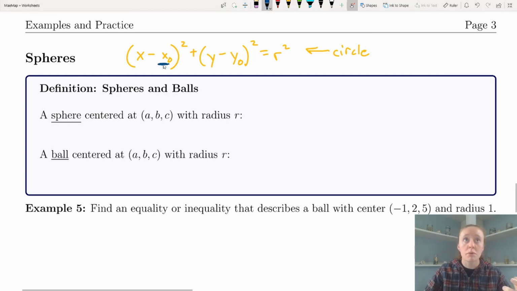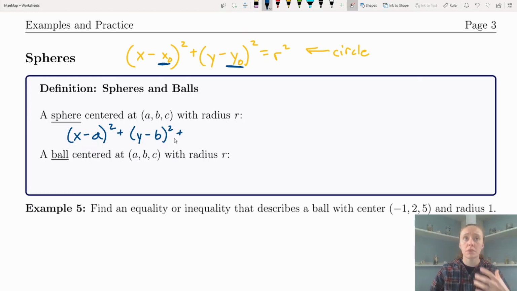So remember, we were centered at x naught, y naught when dealing with a circle. But now, as opposed to using x naught, y naught, I'm going to be using a, b, and c. So I'm going to have x minus a squared plus y minus b squared. And can you guess what else we're going to add? That's going to be our 3rd dimension, z minus c squared, and that's still going to be equivalent to r squared. That gives us a sphere.